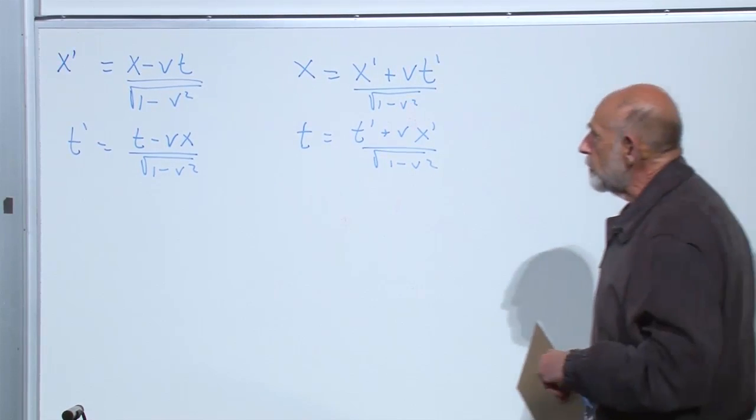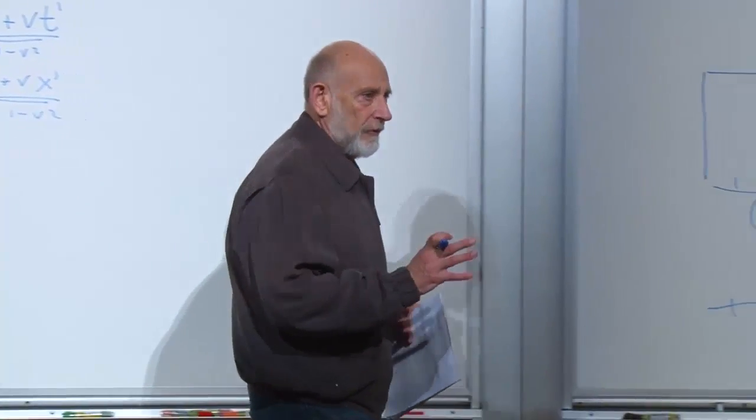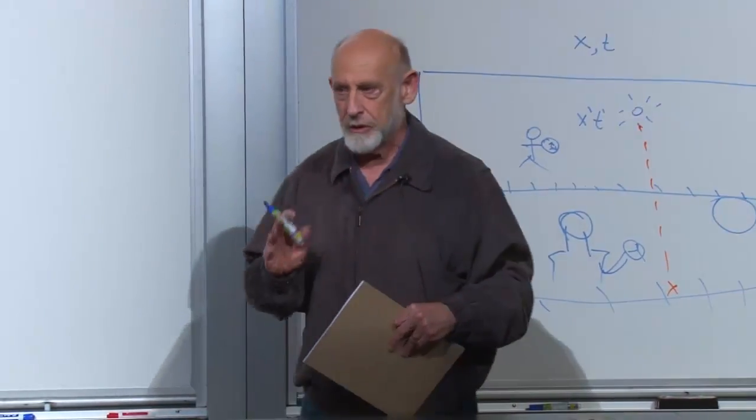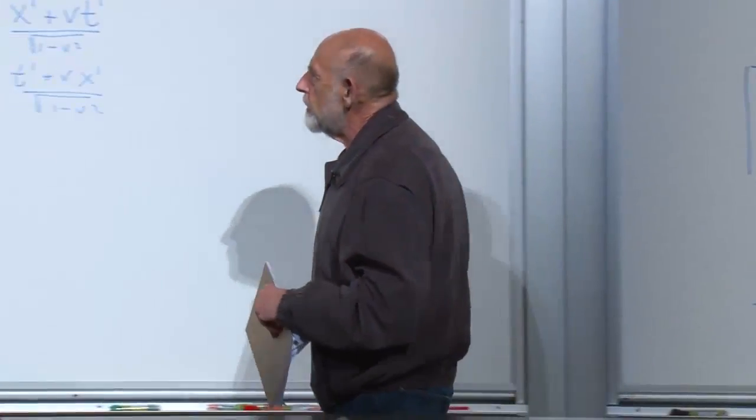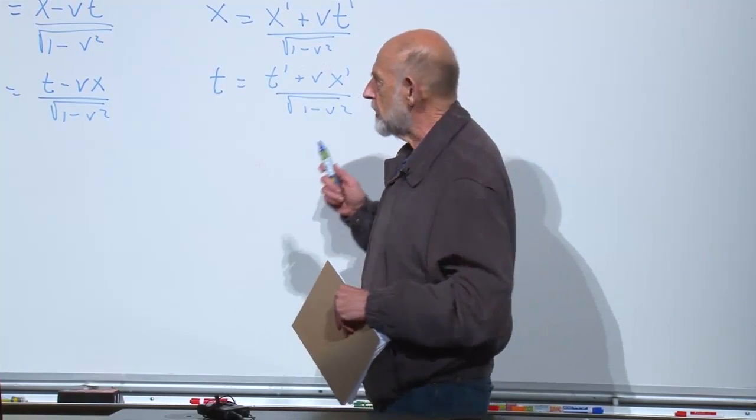You can also read off, if somebody gave you this form for the relationship between the coordinates, what the relative velocity between the two observers is.